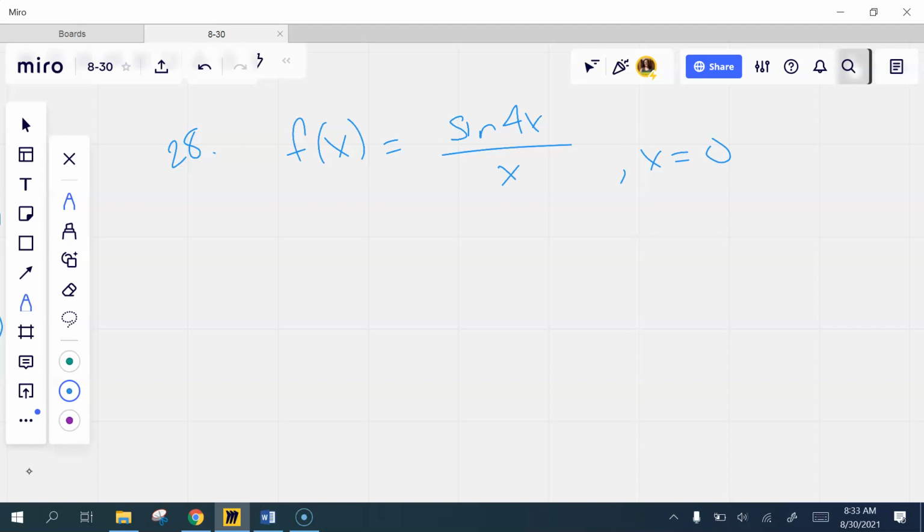Why? Angle with that, but what's sine of 2x? What's that double angle theorem? Sine of 2x equals.